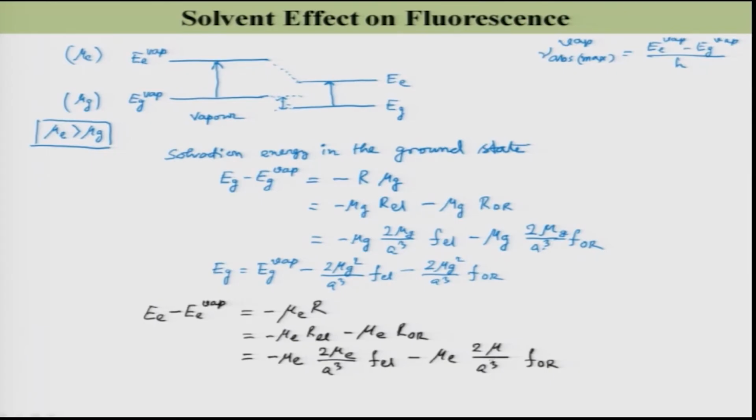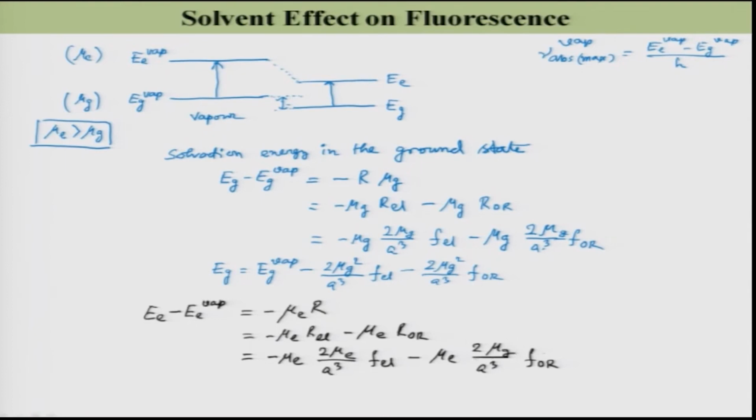Although I have excited this molecule from ground to excited state, the solvent molecules which will see the excited state just after the excitation will take some time to reorient themselves. So, that means this reaction field is very similar to the solvent arrangement in the ground state. So, this mu will be mu g.